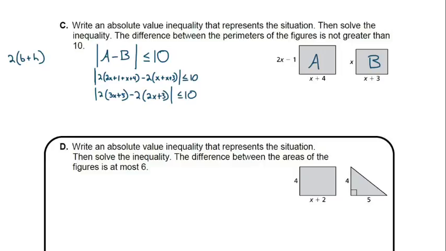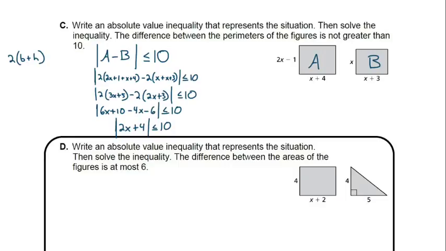Then I'm going to distribute: absolute value of 6x plus 10 minus 4x minus 6, less than or equal to 10. Then I've got the absolute value of 2x plus 4, less than or equal to 10. And now that's nice and clean. I can solve that twice.